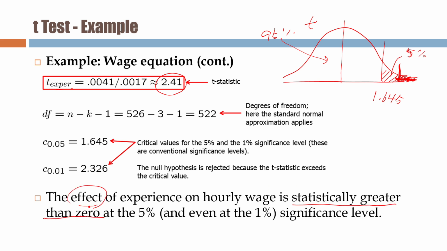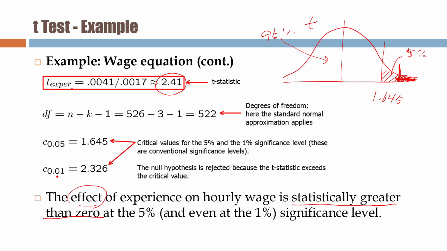So the effect of experience on the hourly wage is statistically greater than 0, which means it has a significant effect. Here, significant does not mean it has a huge impact. It's not talking about how strong the effect is, but we can tell statistically it has a meaningful effect.